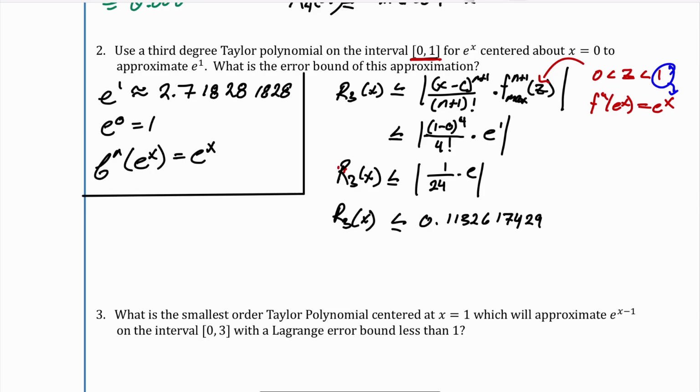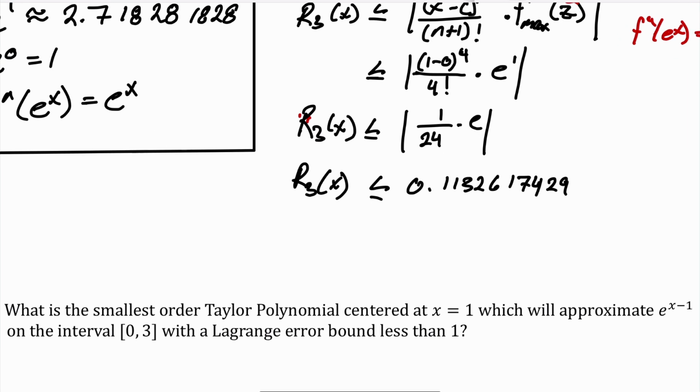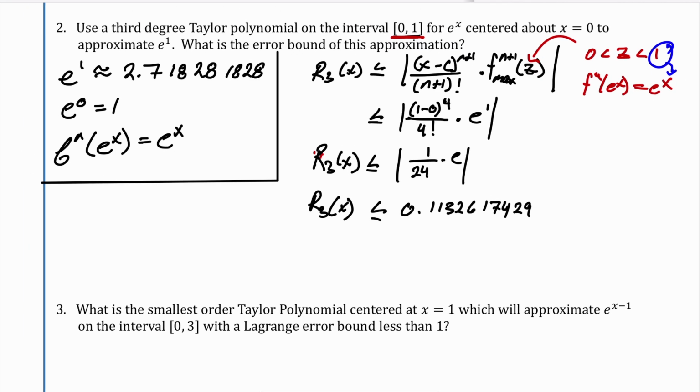That's the farthest distance away you're going to be. So if you want to use that to estimate... Oh, I'm sorry. I meant the Taylor polynomial we have to use.